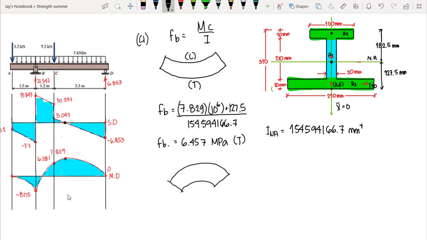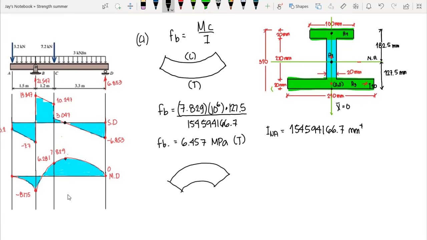Now, in the case of a rectangular section beam, wherein we have a symmetrical cross-section with respect to the x-axis and the y-axis, in computing for the maximum tensile and maximum compressive bending stress, you just need to use the maximum moment along the beam. Since using that maximum moment, we could compute the maximum tensile and compressive stress.